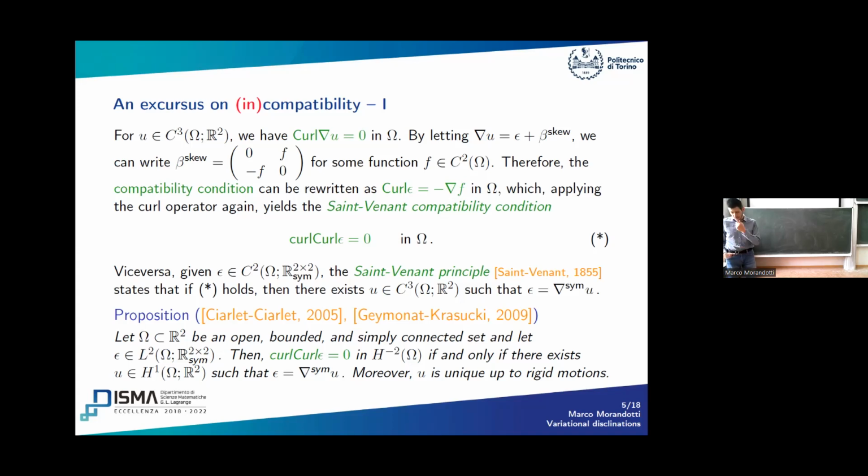And because rigid motions are in the kernel of the symmetric gradient, this field is uniquely determined up to a rigid motion. Okay, so uniqueness up to a point, but rigid motions are fine because physics is invariant by rigid motion.